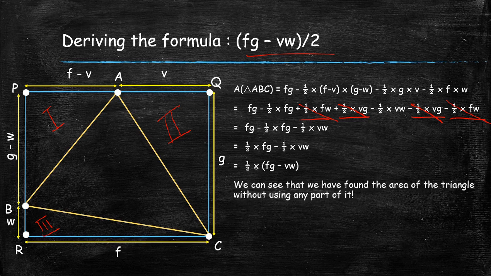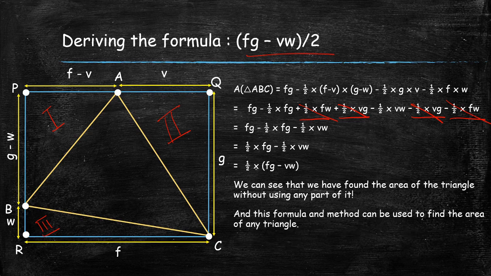You can see that we have found the area of the triangle without using any part of it. We have just used the triangle and then we drew a rectangle, then we are done. And this formula can be used to find the area of any triangle: obtuse, acute, equilateral, any.